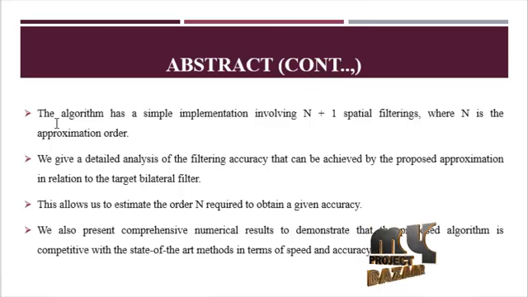This allows us to estimate the order n required to obtain a given accuracy. We also present comprehensive numerical results to demonstrate that the proposed algorithm is competitive with the state-of-the-art methods in terms of speed and accuracy.